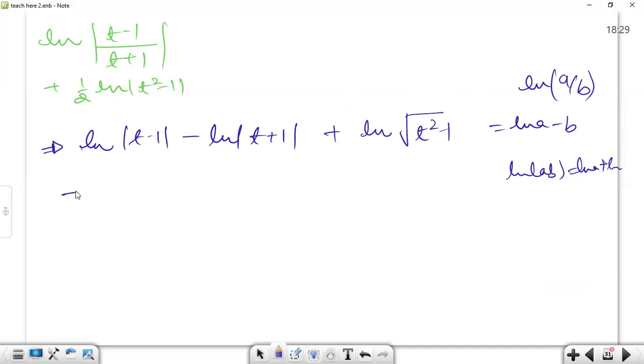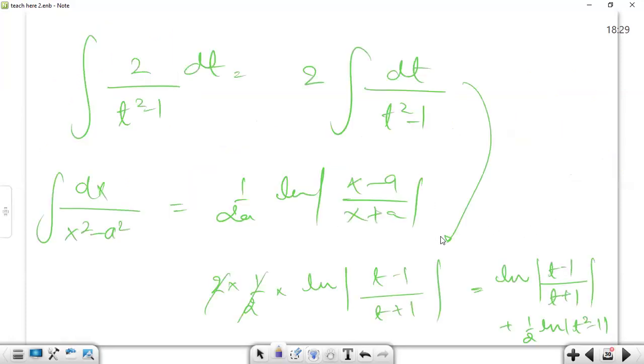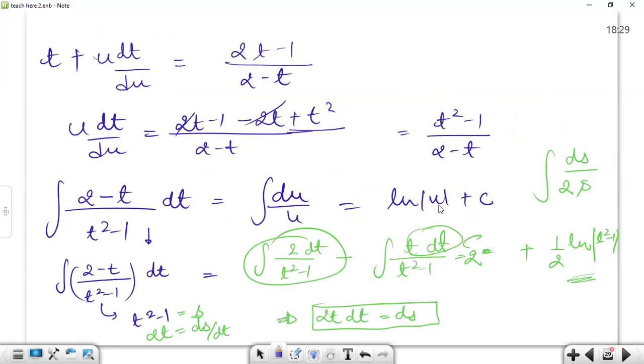So now these all are in multiplication. They can be rewritten as t minus 1 upon t plus 1 into square root of t square minus 1. So this is now the integration which we have got, plus a constant of integration. So how much have we solved?